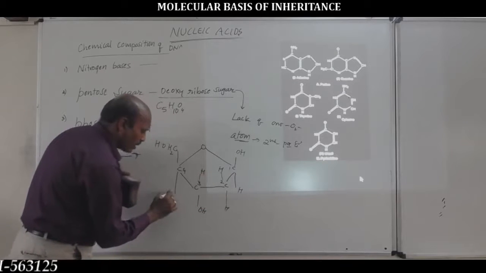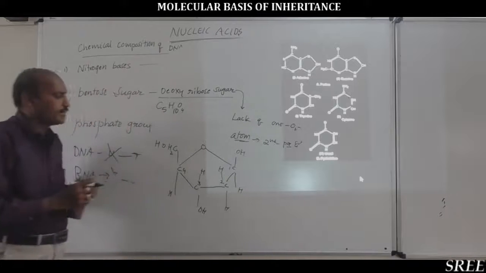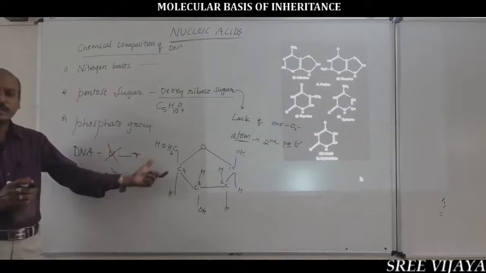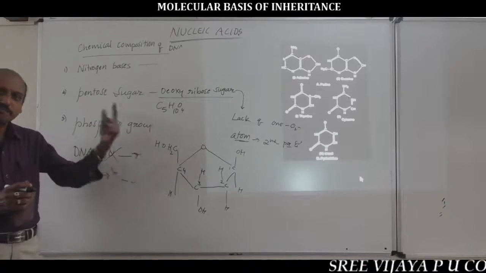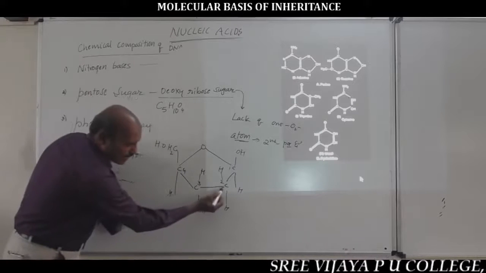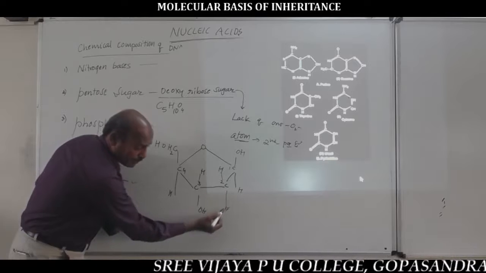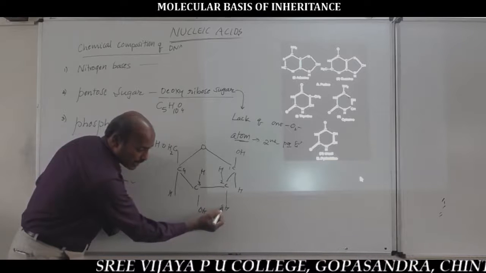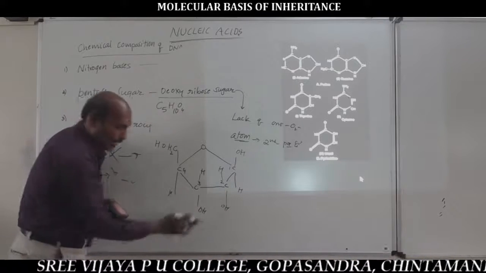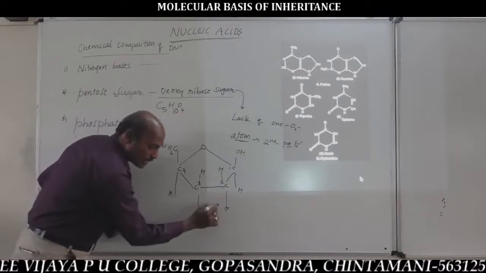This is the structure of deoxyribose sugar, because at the second carbon atom there is a lack of one oxygen atom, the absence of one oxygen atom.